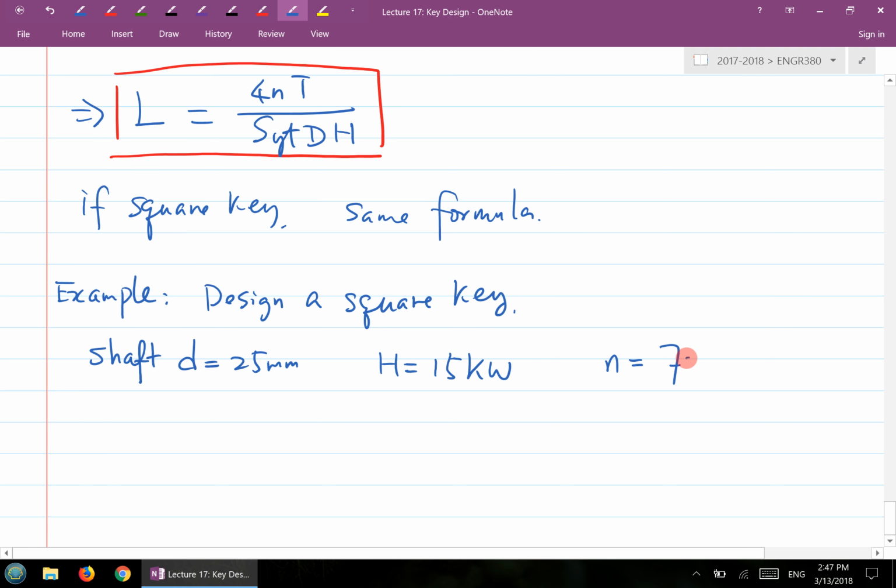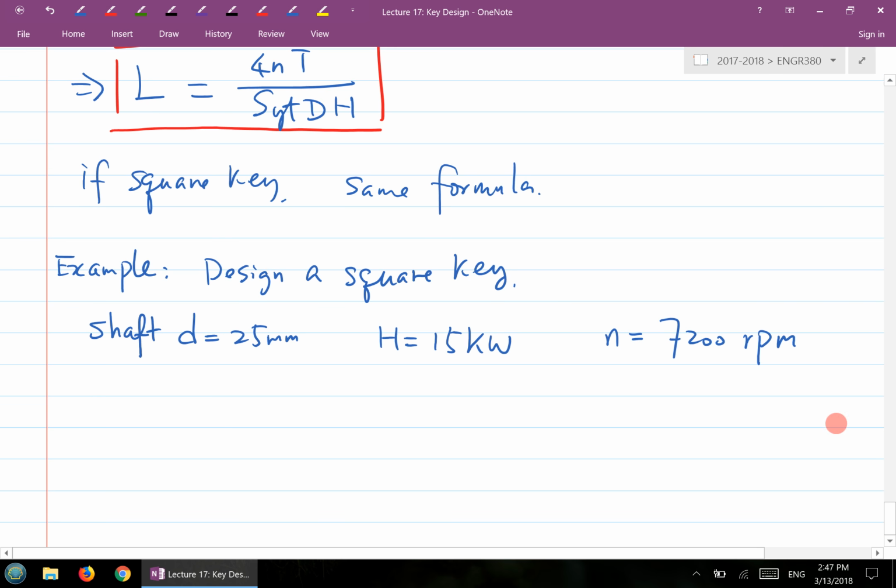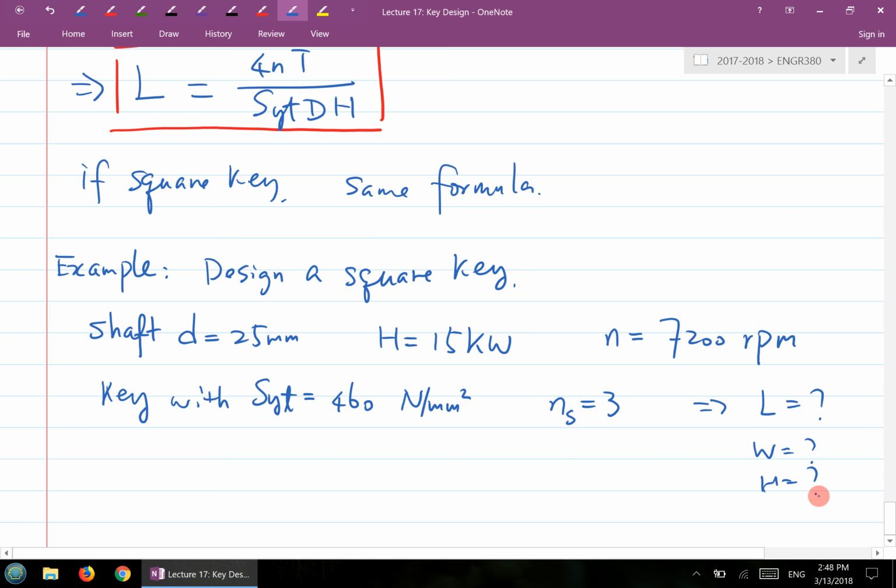The shaft is spinning at 7200 RPM. We are going to design a key with SYT equal to 460 Newton per millimeter squared, and a static safety factor equal to 3. So L equals what, W equals what, and H equals what. That's the design question for the key.